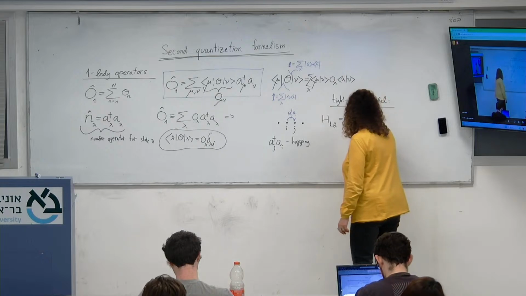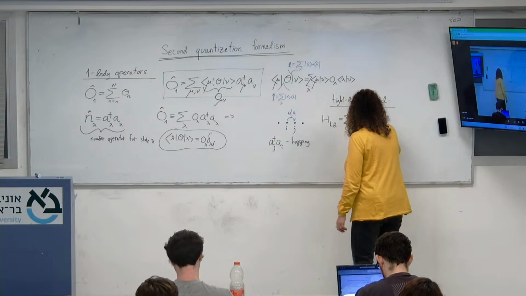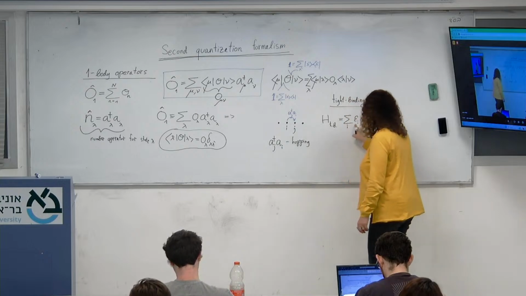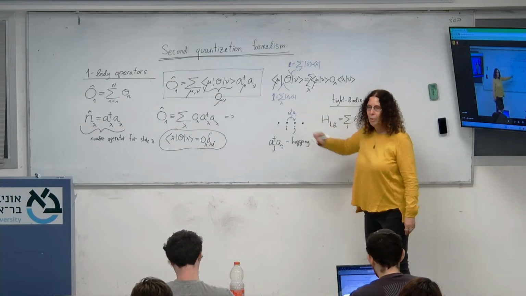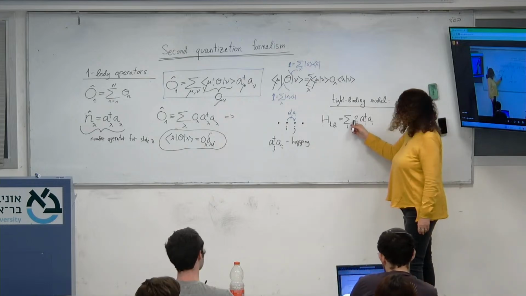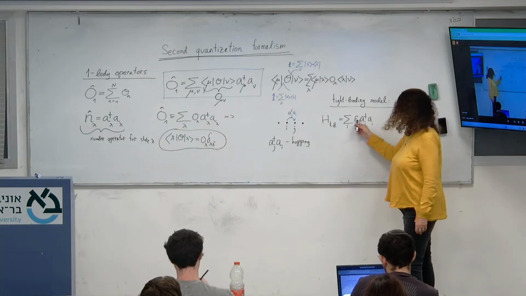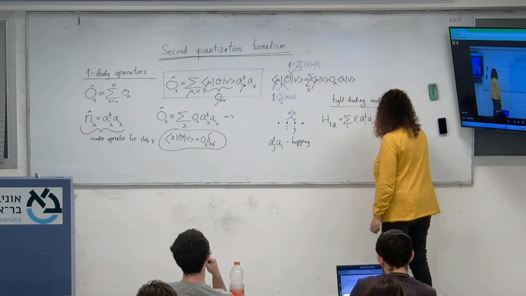Generally such a Hamiltonian is written, in the most general way, with, first of all, a site energy that is diagonal. It's just a local energy on each atom, which in periodic crystals is actually uniform, so it can just be a constant.